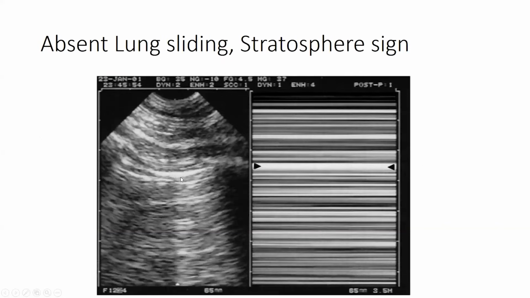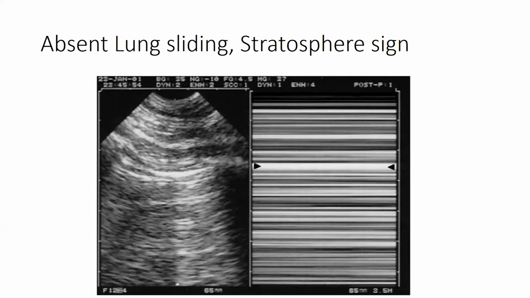What is there over here in this picture? We're talking about absent lung sliding. So I told you what lung sliding is: your lung is inspiring, expiring, the air is going in and out, the lung is moving. We can see the lung sliding along the pleura. When the lung is not sliding, that can happen in multiple cases. I'll be discussing that subsequently.